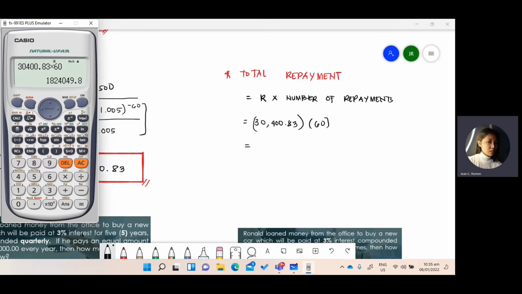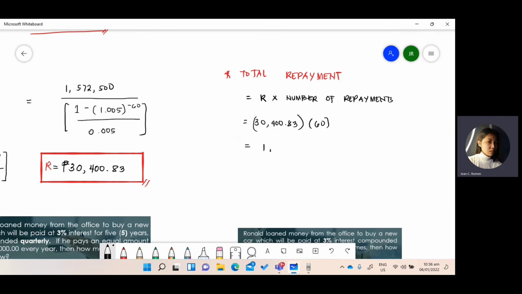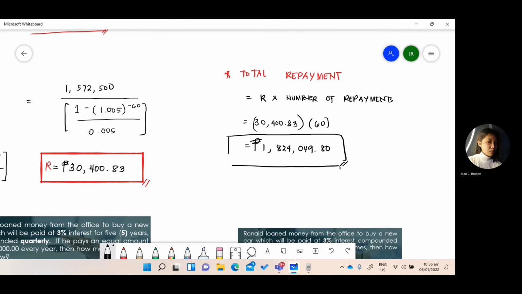And that is equal to 1,824,049.8. So we will have a discrepancy, no, if we use the rounded-off value versus the original value, the one we did not round off. But either is acceptable. Okay? So the total repayment, meaning within 5 years, the total you will pay is 1,824,049.80. This does not yet include your down payment.